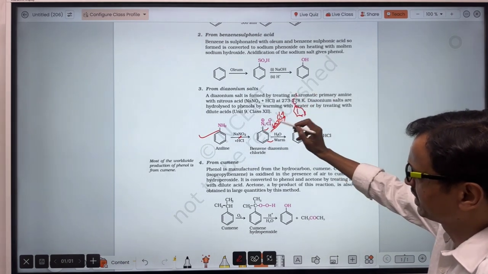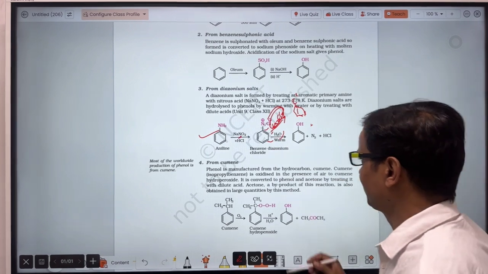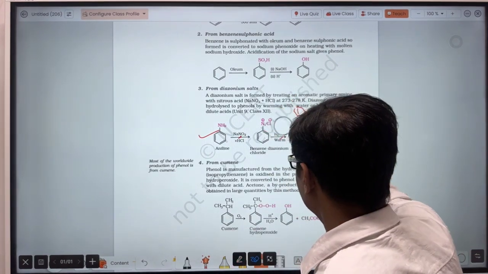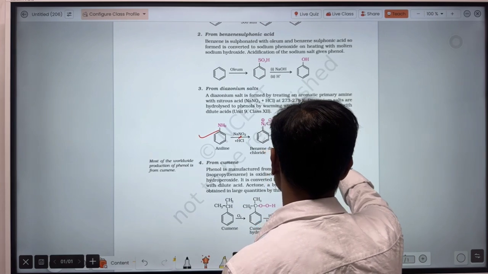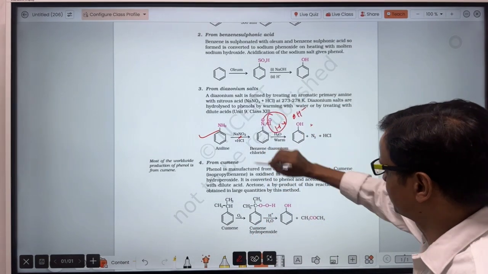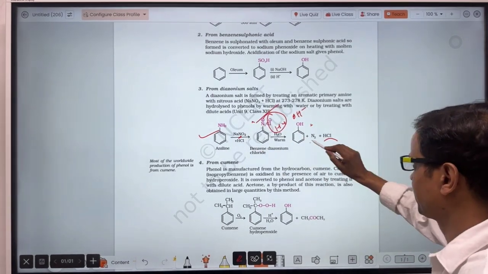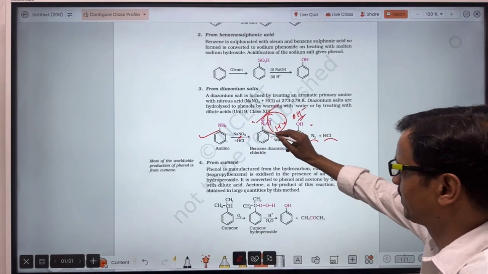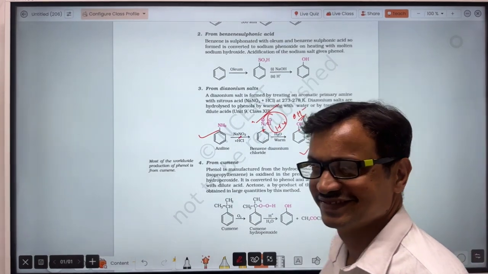But if you don't react with Cu2Cl2 and react with water instead, what happens? Here water is actually H plus and OH minus. So chlorine will bond to this H plus to form HCl. Then nitrogen will be released from there, and this OH part will combine to this benzene. So that's formed, phenol is here.